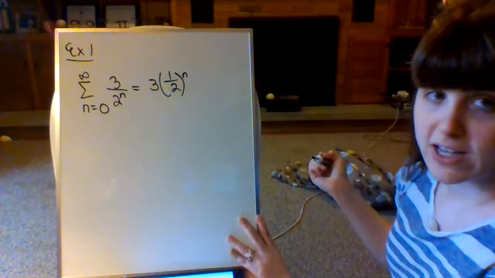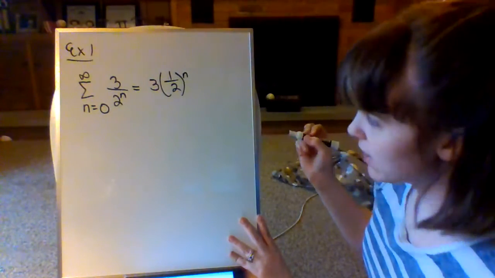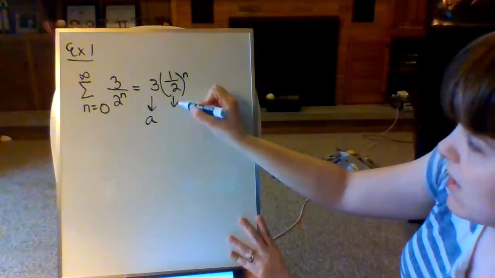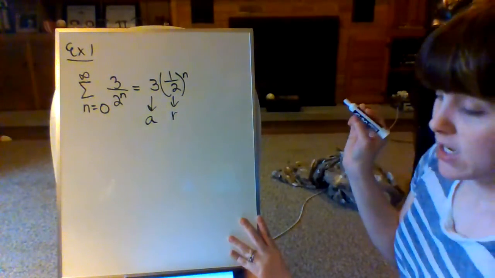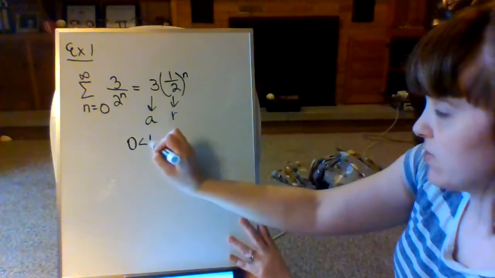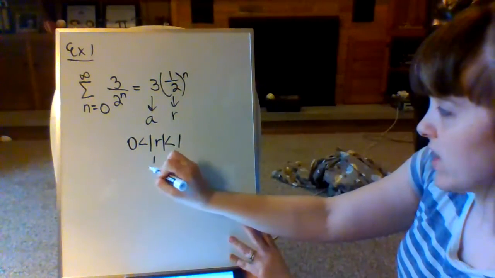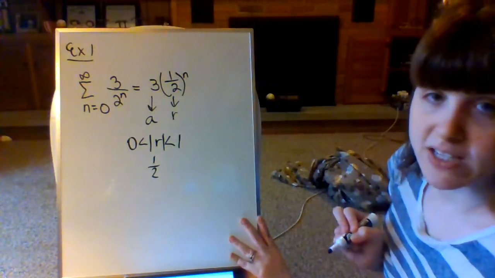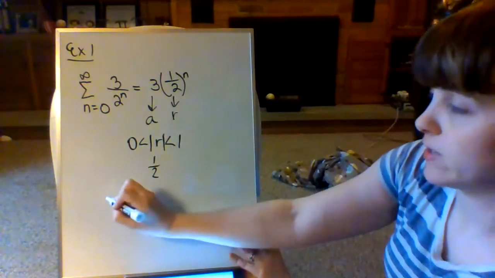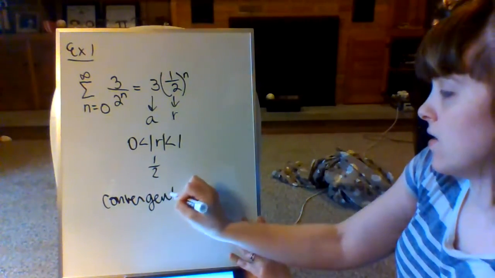And that's totally allowed because that represents the same thing. So in this scenario, 3 is the a value, 1/2 is the r value, and since the absolute value of r is between 0 and 1, because it's 1/2, then that means that this series is going to be convergent. So I'm going to write that down here, convergent.